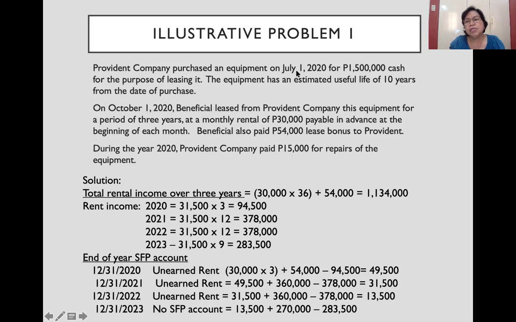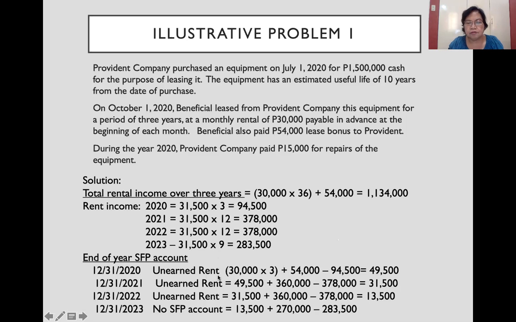Okay, again, in operating lease, the lessor presents in its financial statement the asset that is being leased out reduced by any accumulated depreciation. Then, in addition, any excess of collection over the rent income is presented as a liability in the form of unearned rent.